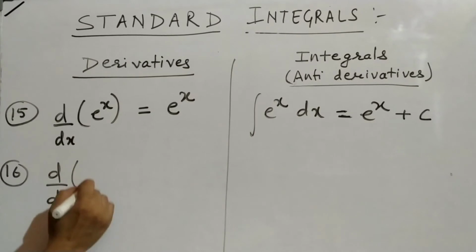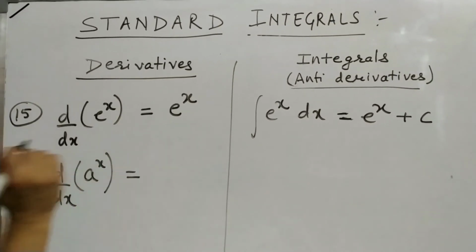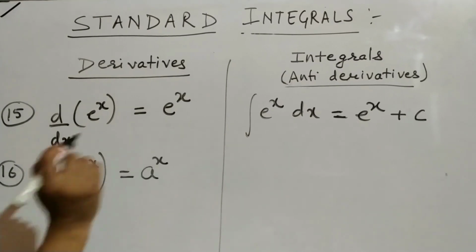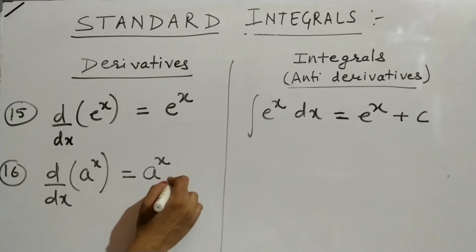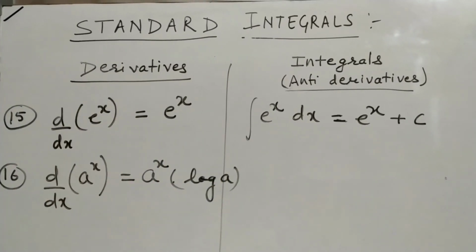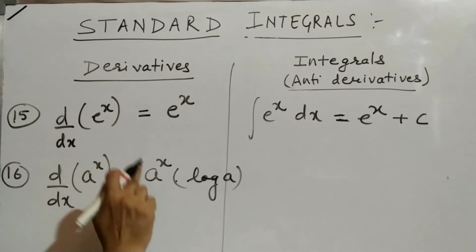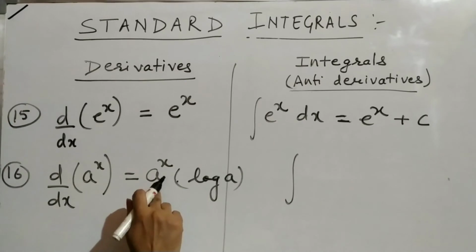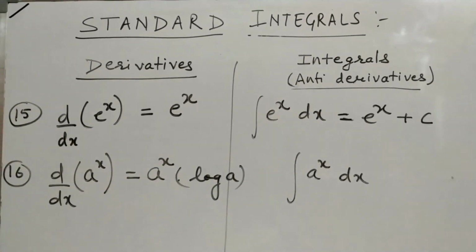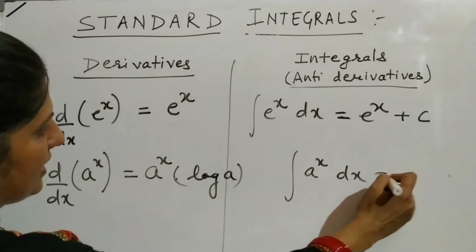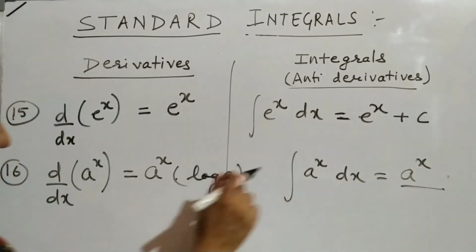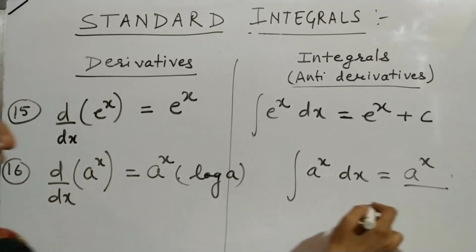Derivative of a to the power x with respect to x is equal to a to the power x into log a. That implies the integration of a to the power x is equal to a to the power x by log of a.